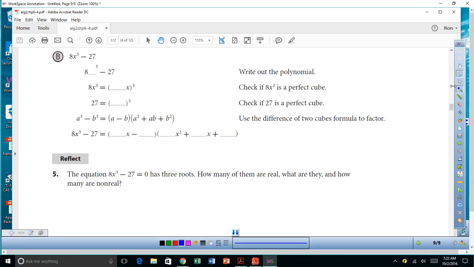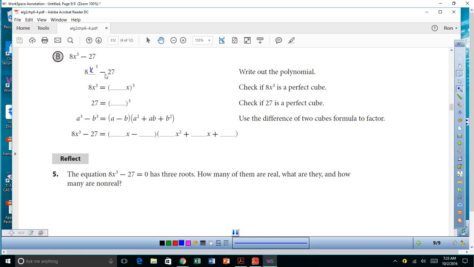So 8x cubed minus 27. First, it says write out the polynomial. So that gives you 8x cubed minus 27.